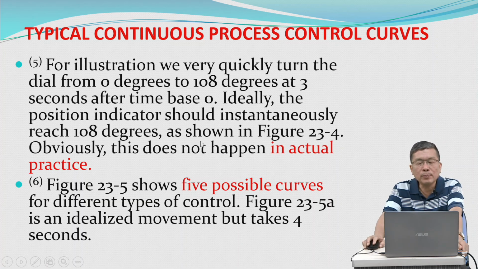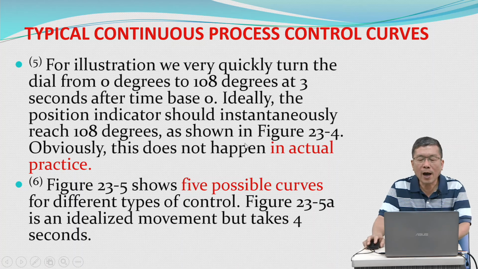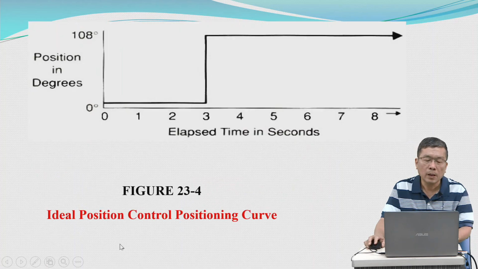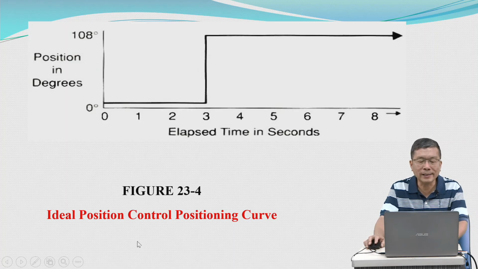Figure 23.5 shows 5 possible curves for different types of control. Figure 23.5a is an idealized movement, but takes 4 seconds. This picture shows the ideal position control positioning curve.